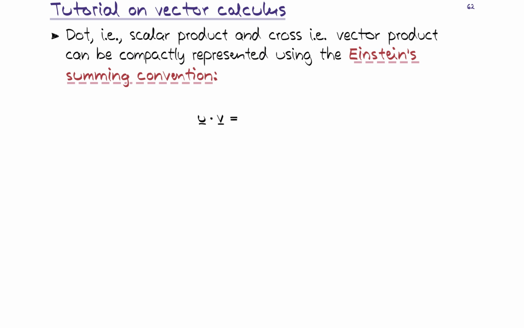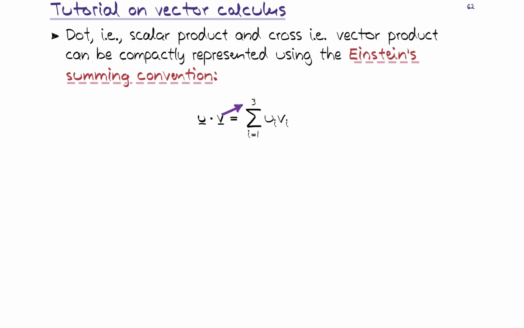Using this summing convention, we can write, for example, the dot product very easily. As we already encountered, it's calculated by summing the different components together, so the sum of u_i times v_i. Einstein's invention was that since the index i appears twice inside the sum, writing the summation is redundant.